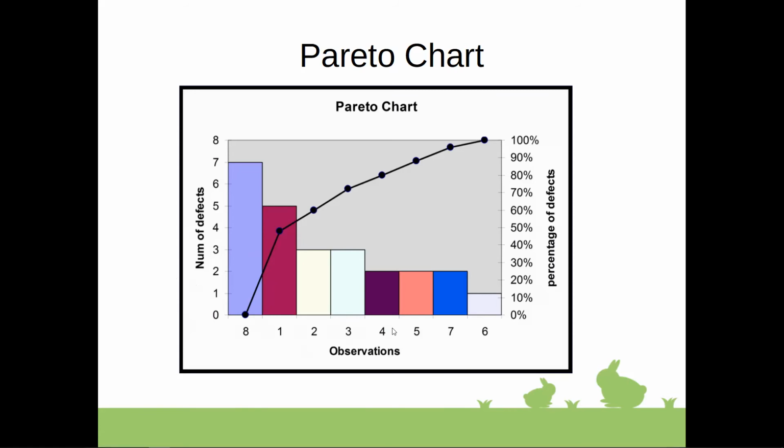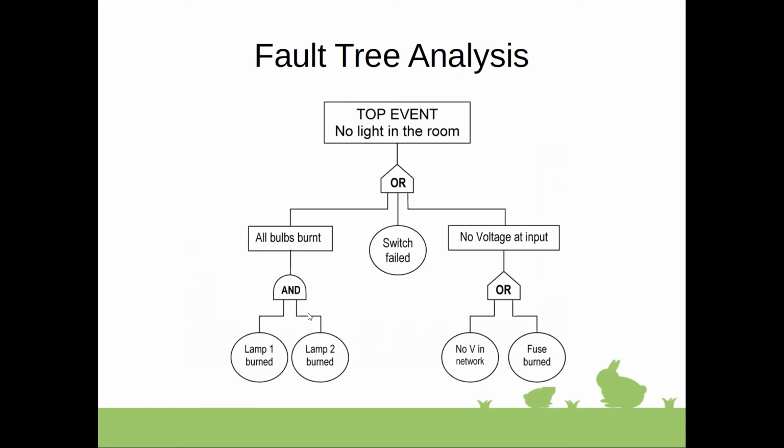Next approach is called fault tree analysis. It's a branching diagram. Essentially, you identify a failure or fault, which is called event here, to analyze, and you list all the immediate or direct causes for the fault, and you examine each step until all the root causes are analyzed.